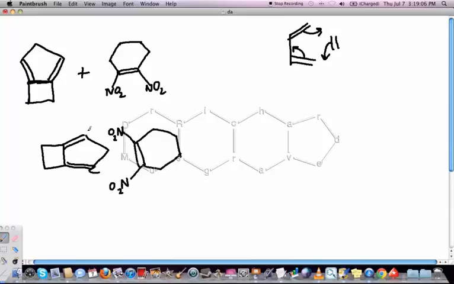And here's the ends of the diene, and here's the dienophile right here. So I'll draw in my arrows. And I will go ahead and show you what the 2D would look like.